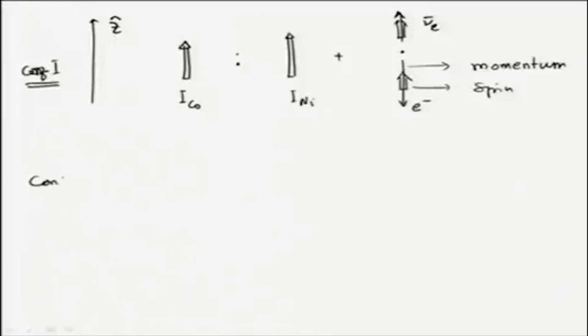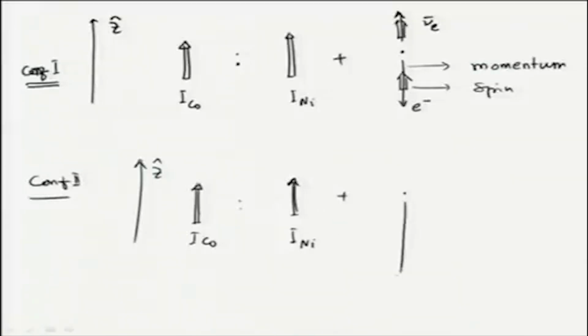It is also possible to have a second configuration, in which case I_Co is in the same direction, Z cap again, and I_Ni is also in the same direction.